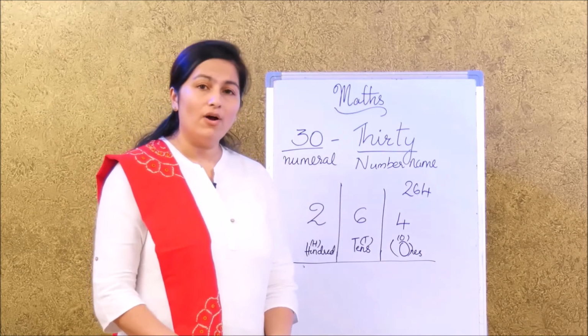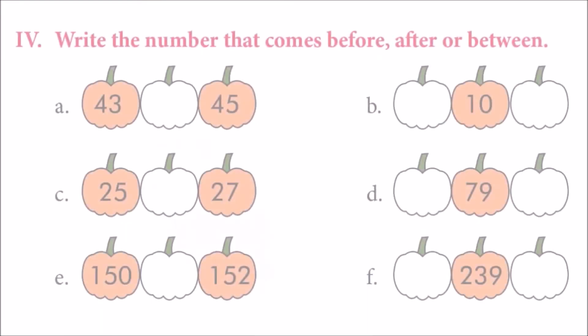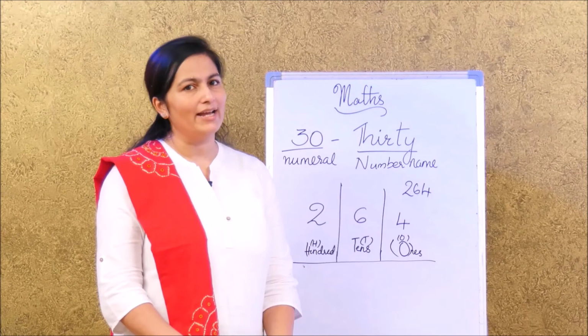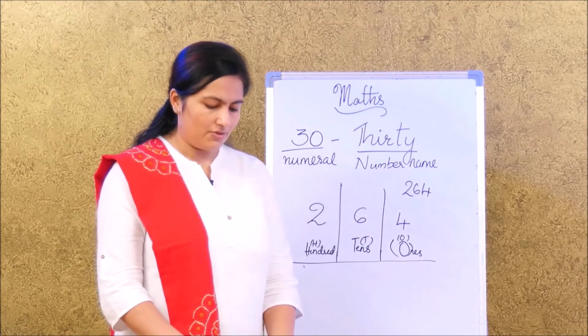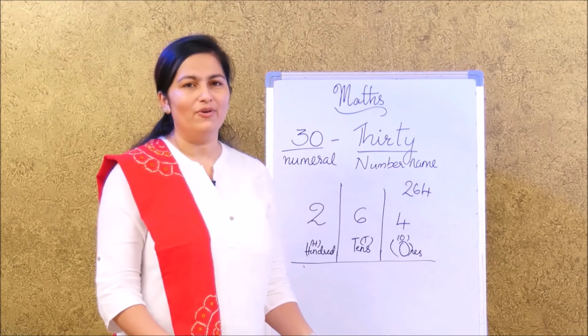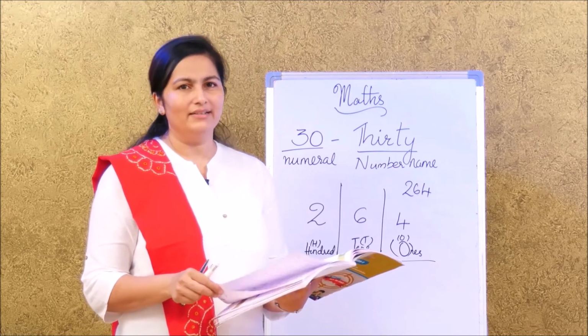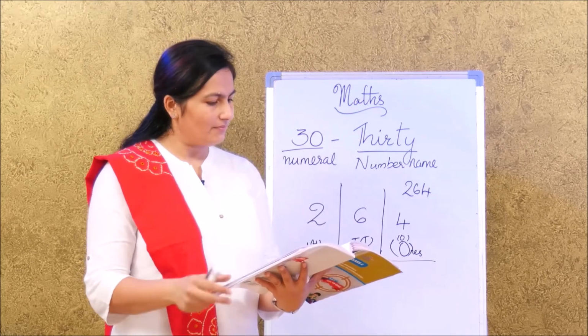Alright, let's move on to page number 43, last exercise. Again, it is to remind you about the numbers, what comes before and what comes after. So, after 43 comes 44 and then 45. In the similar manner, fill the rest of the blanks.